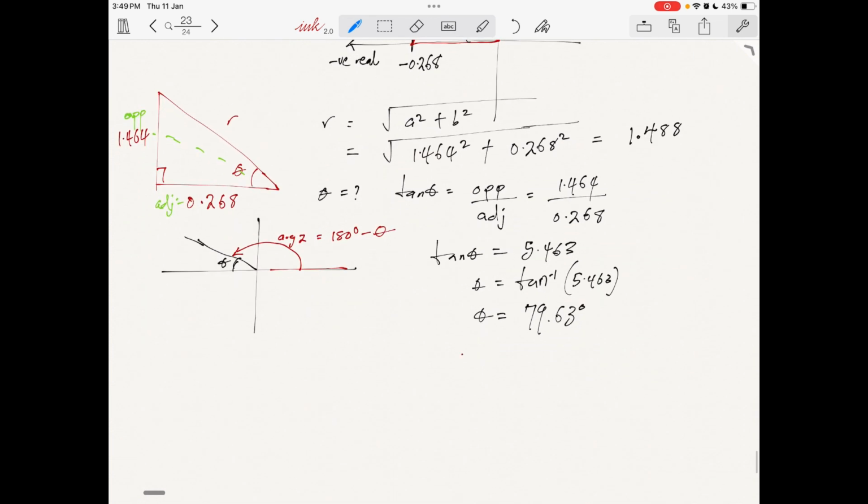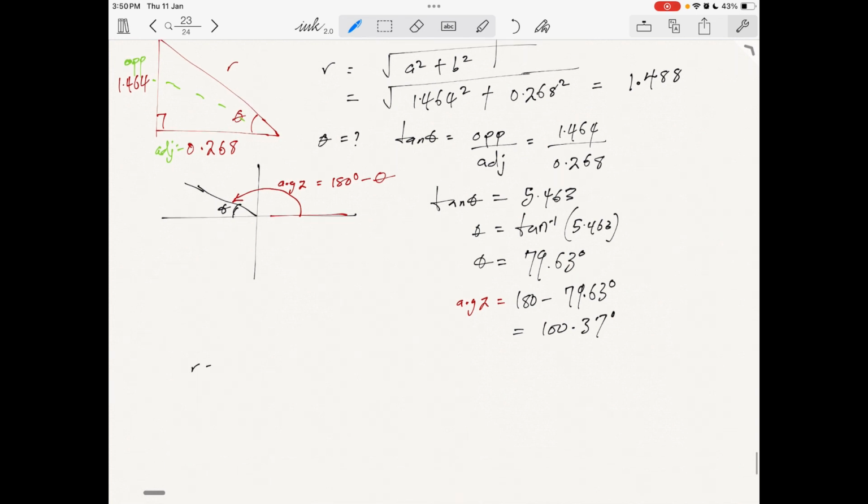Therefore, our argument z will be 180 minus 79.63 degrees, which will give us 100.37 degrees. Now, we know our r to be equal to 1.488, and our argument z to be equal to 100.37 degrees.